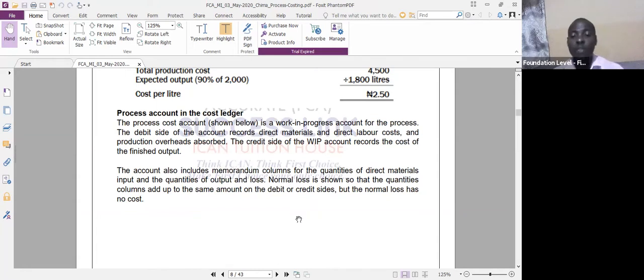The credit side of the work in progress account records the cost of the finished output. The account also includes a memorandum column for the quantities of direct material input and good outputs.